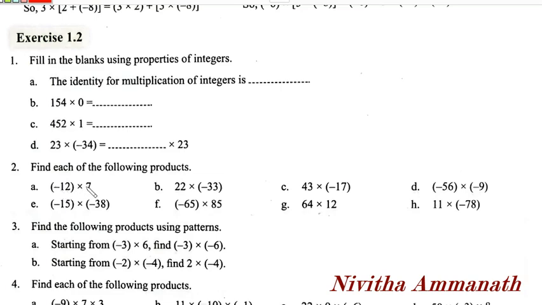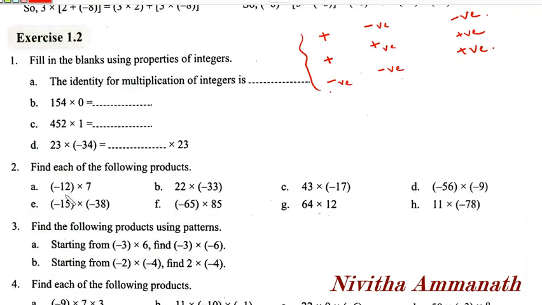So the answer will be negative. If 1 is positive and 1 is negative, the answer will be negative. If both are positive, the answer will be positive only. If both are negative, the answer will be positive only. You have to write this down.